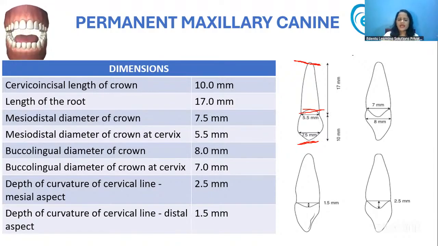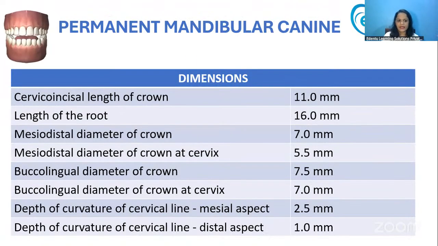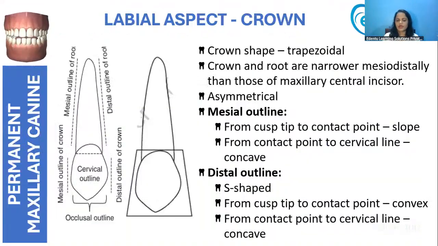Then next you have to have a look at the mesiodistal diameter. What do you mean by mesiodistal diameter? This diameter, here and here, the mesial area and the distal area. So this mesiodistal diameter of the crown is 7.5 millimeter for the maxillary canine, and it is 7 for the mandibular canine.